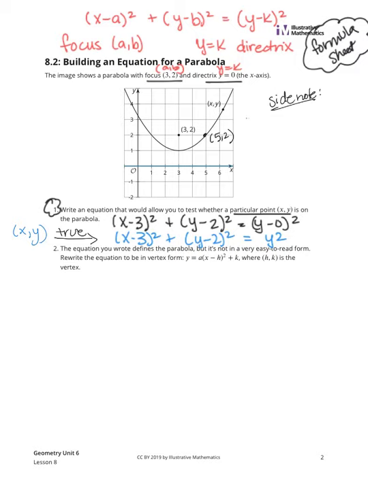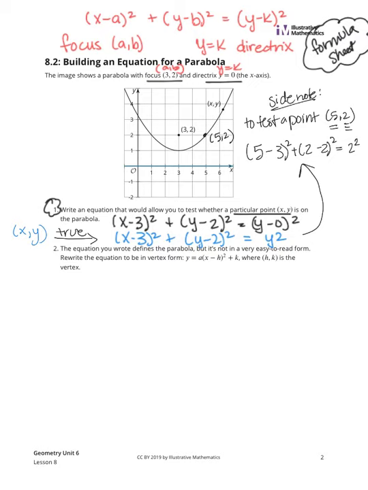So let's test it. To test a point, in this case, our point's going to be (5, 2). I mean, it looks like it's on the parabola, but to test it, I will plug it into the parabola's equation. So my x-coordinate is the 5, so I'm going to put a 5 in, minus 3, I'm really just using this exact same equation, squared, plus y is 2 in this case, (2 minus 2) squared equals, and then my y is 2 squared.